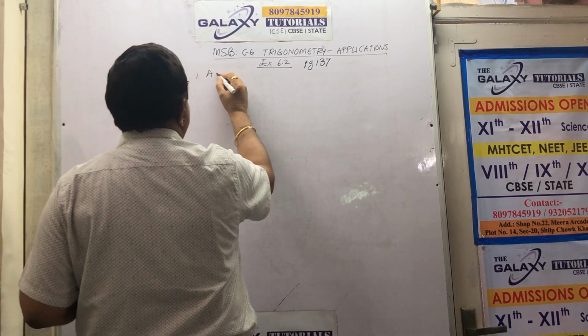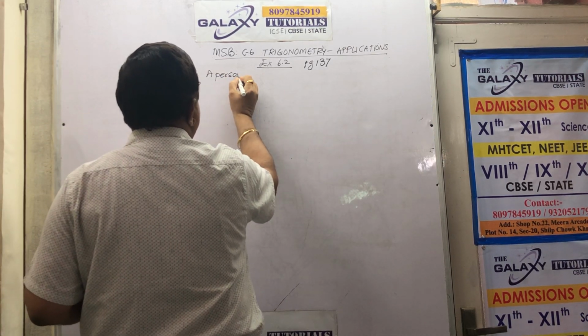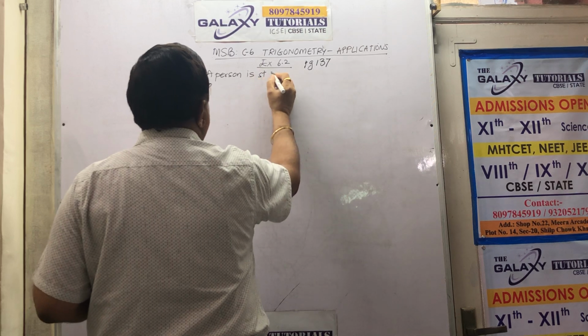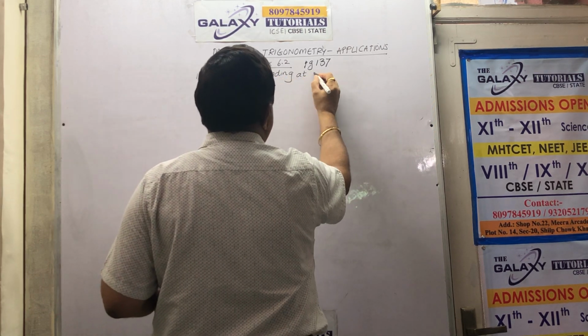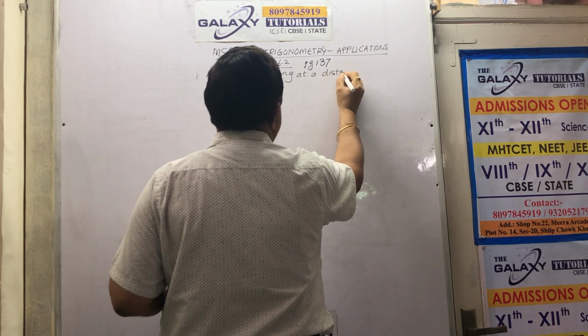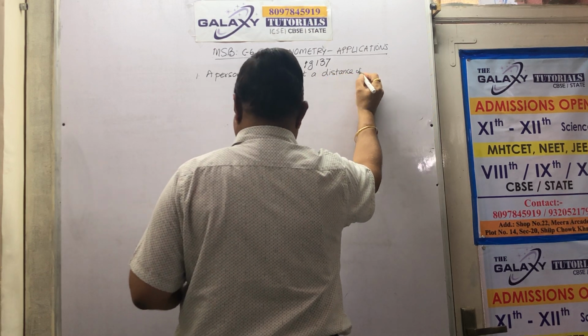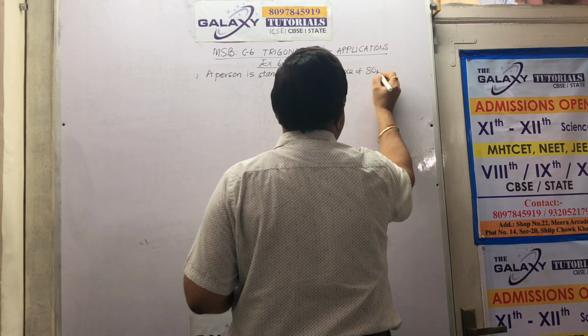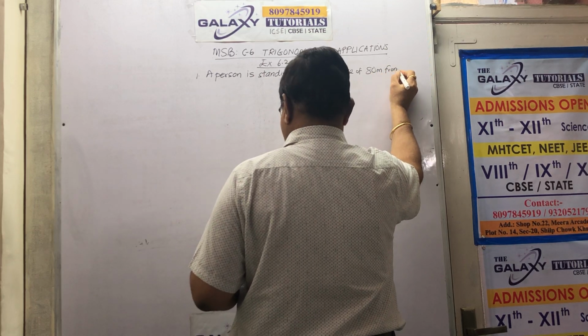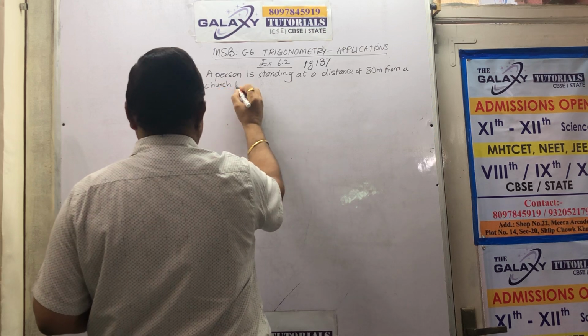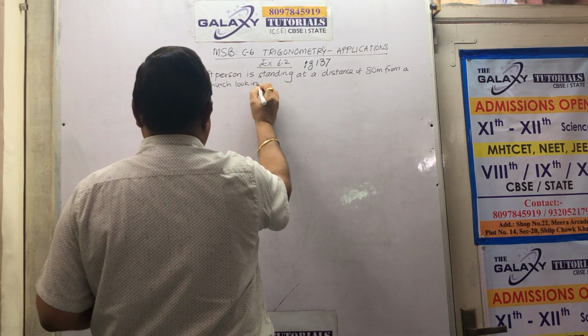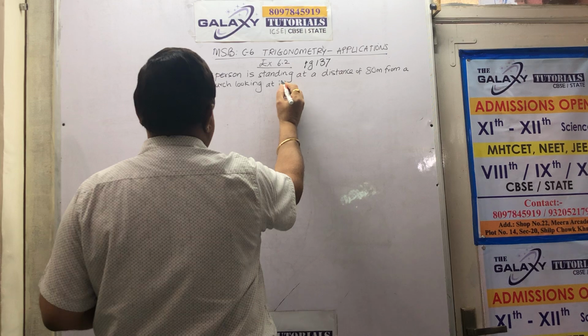A person is standing at a distance of 80 meters from a church, looking at its top.